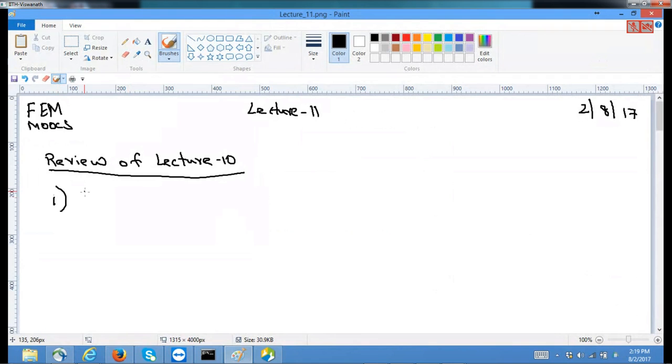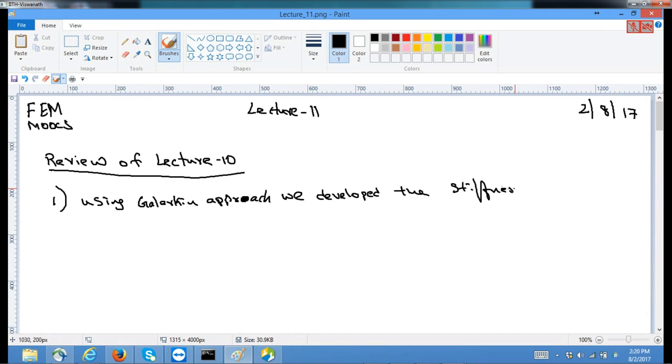The first one is using Galerkin's approach, or what you call the weak form and the numerical approximation, we developed the stiffness matrix for the bar element.